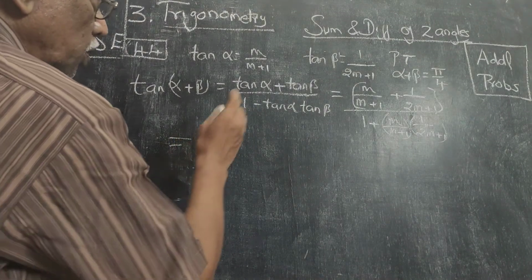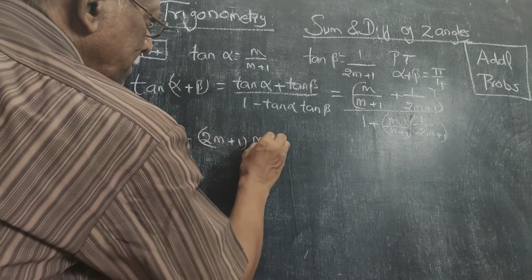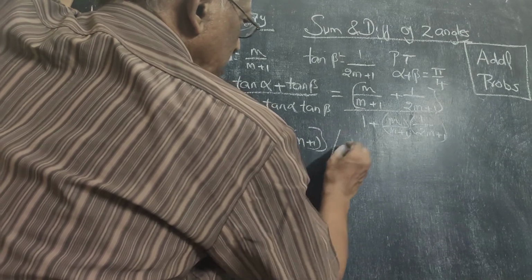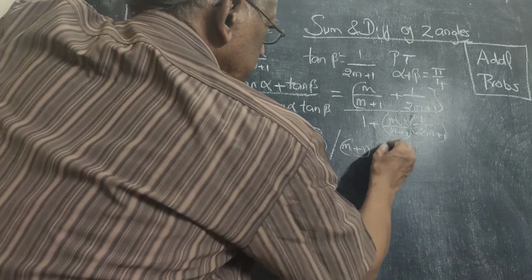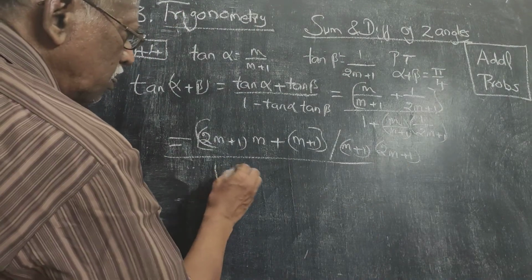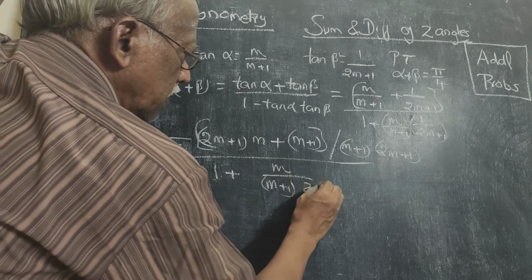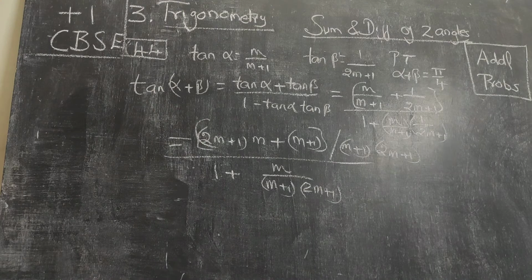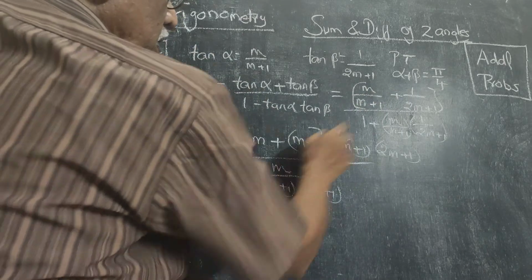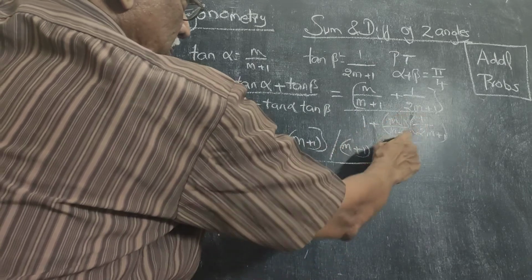Now take LCM in the numerator: 2m plus 1 into m plus m plus 1, divided by m plus 1 into 2m plus 1. The denominator we will have 1 minus m by this m plus 1 and 2m plus 1. So this one I have taken LCM. So m into this and plus m plus 1. Denominator you will have this. And then here we have 1 minus m by this. So multiply m divided by this.